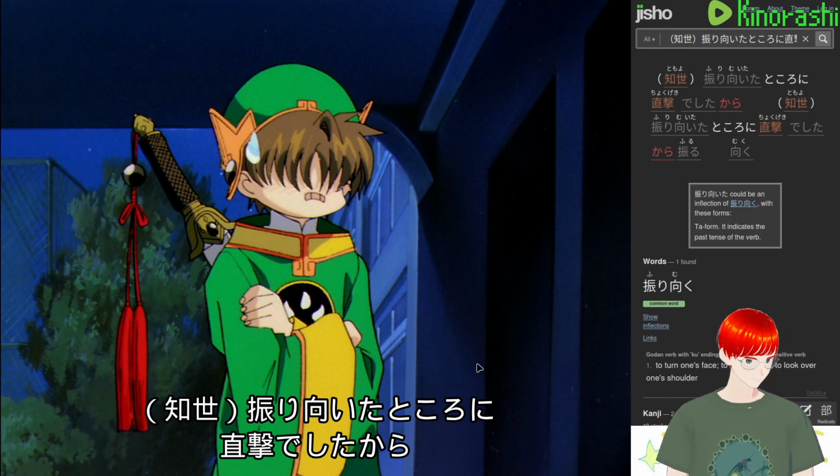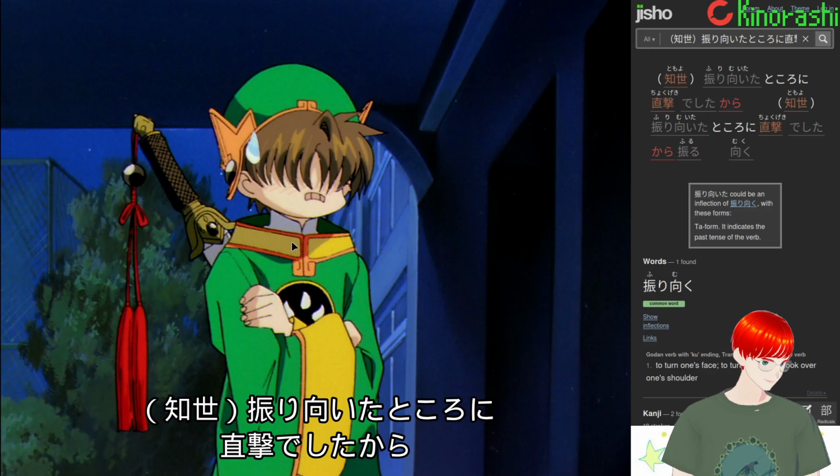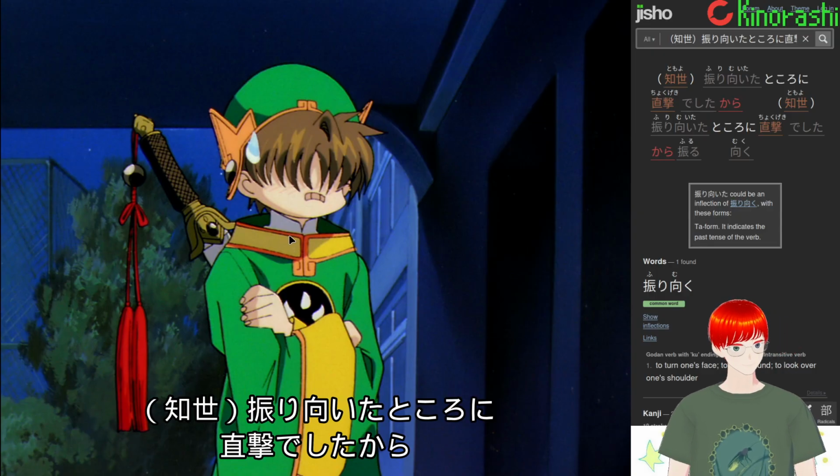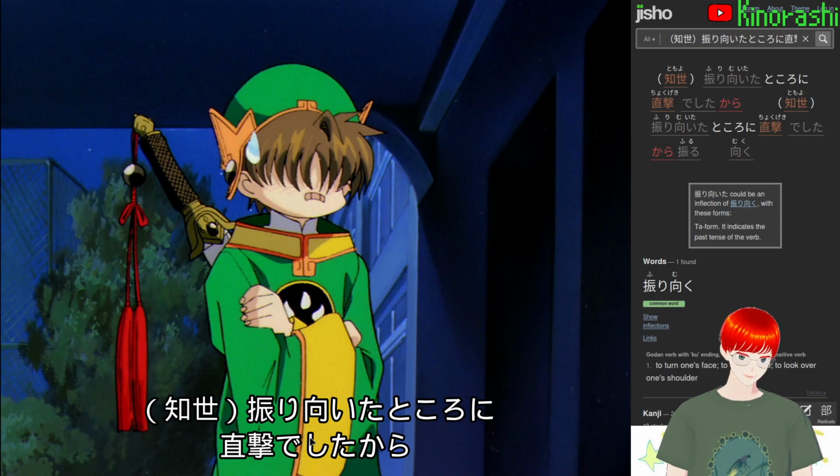When combined with a verb in past tense, verb plus tokoro refers to the moment that or right when, right where. Okay. And then direct hit, impact, okay. Past tense, okay. So since or from it hitting right as he turned around.